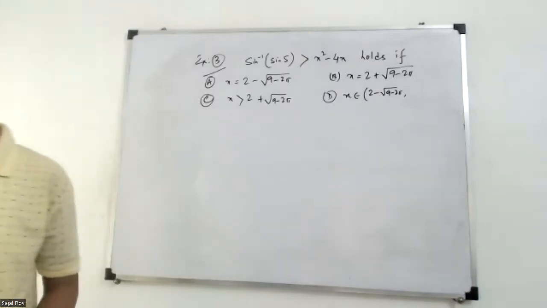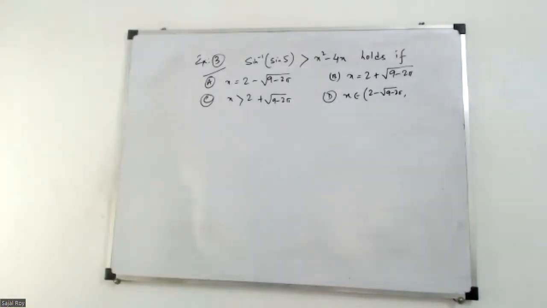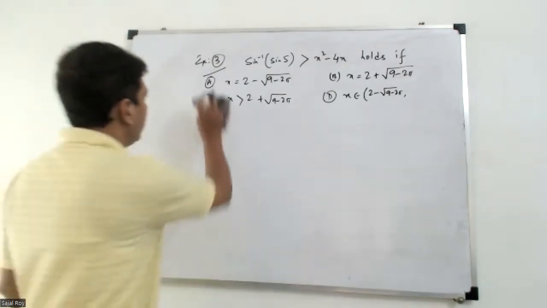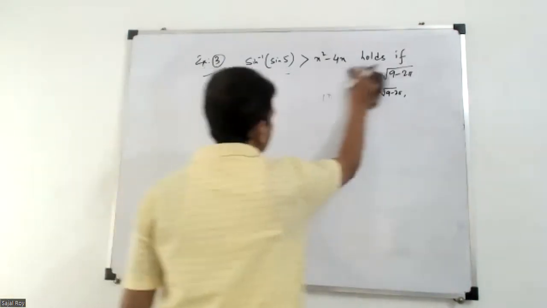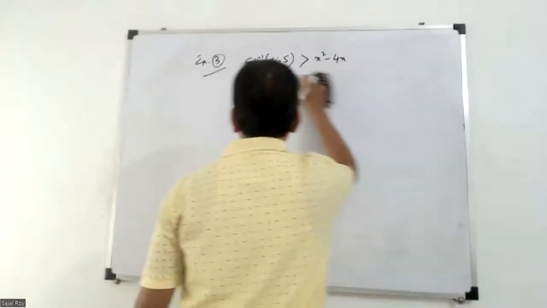Or the question can be written in a different way. I can write the question without giving this part. Don't write these options. Let me change the question a little bit.